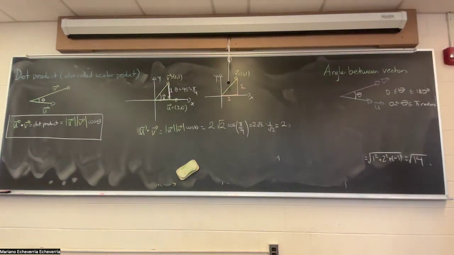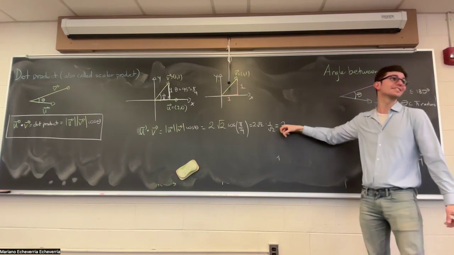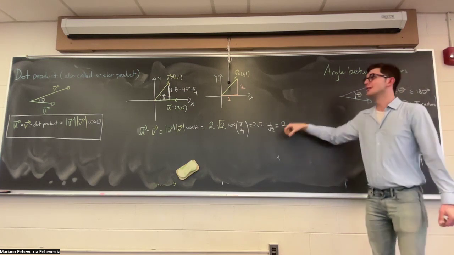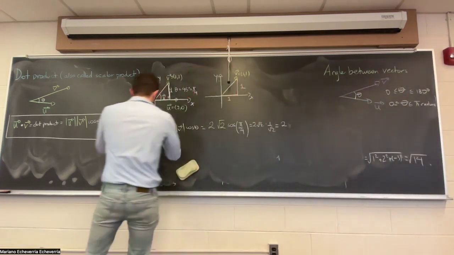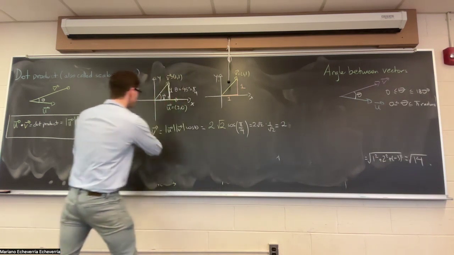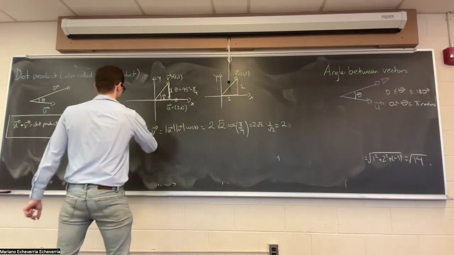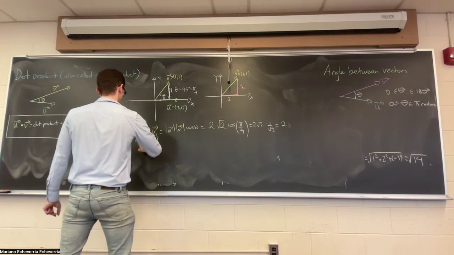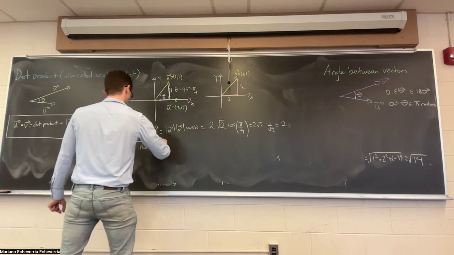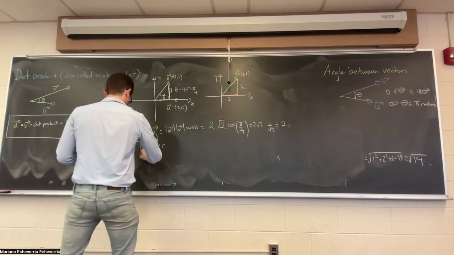Good. Anyone else? Okay, so the first question is why do you define the dot product in this way? Before I tell you that, just notice that this comes out as a number. The point of the dot product is that this quantity will be a number. You start with two vectors, but you get a number, not a vector.